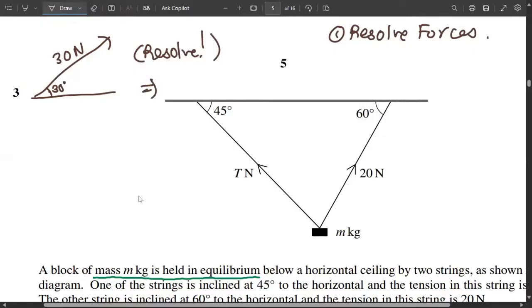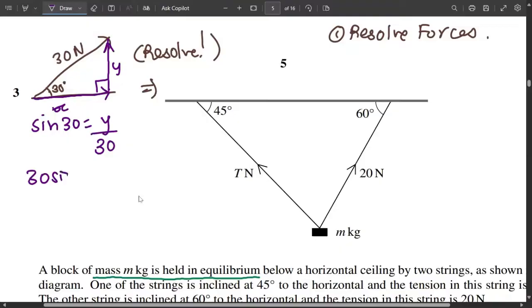You will take two perpendicular sides of the resultant force, which is 30 Newton, at a 90 degree angle here, and use trigonometry to solve it. For example, if this is y, this is x. So I can say sine 30 is y upon 30.